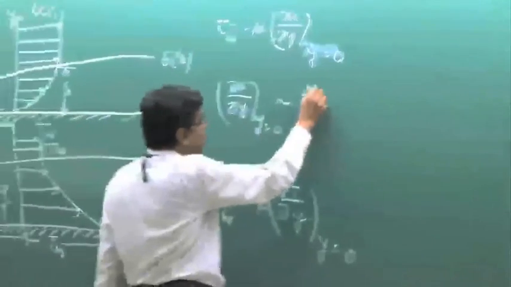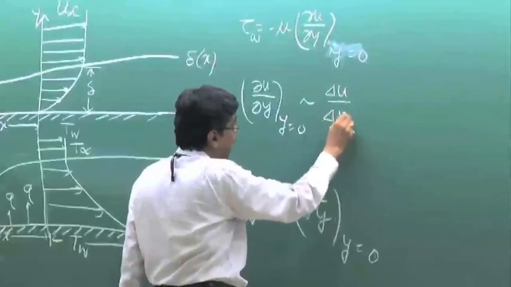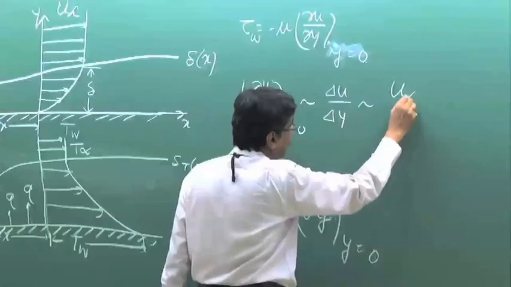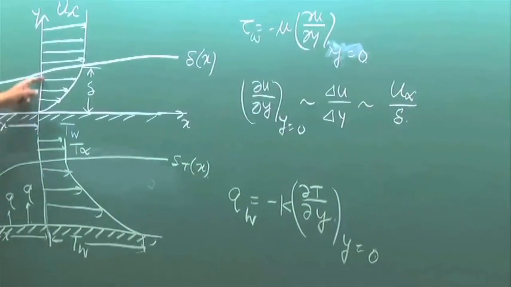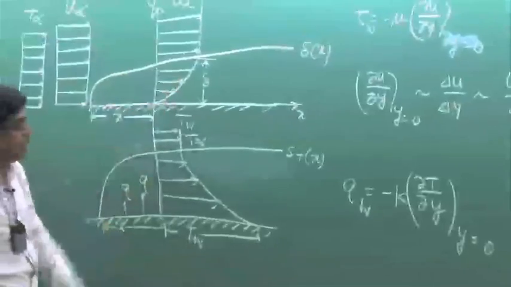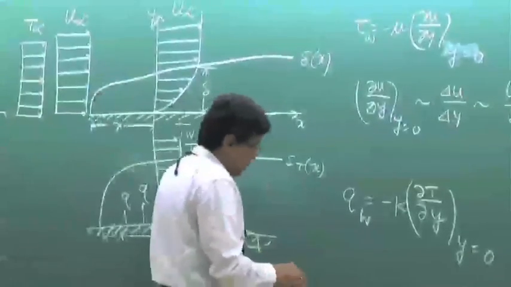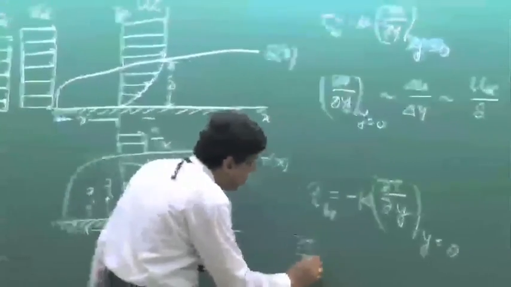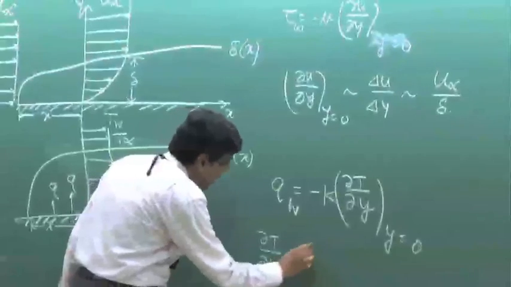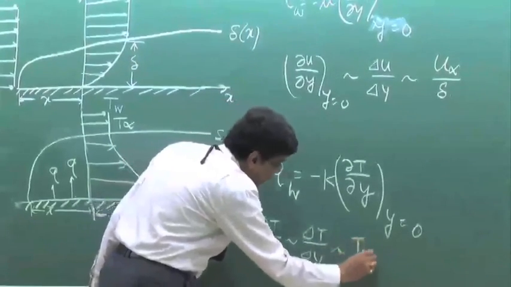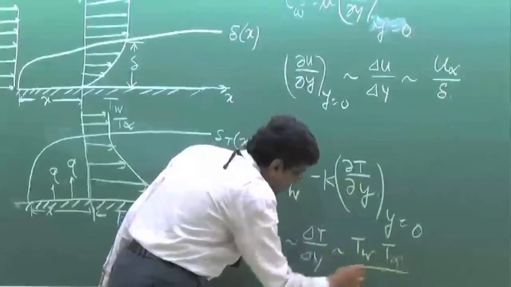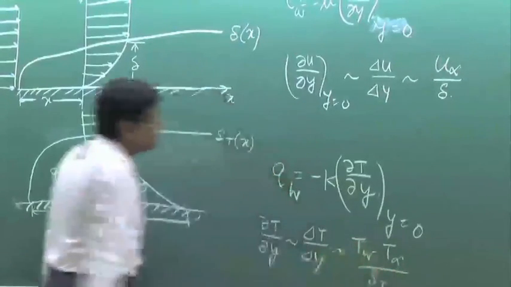Change in u, change in y, and that scales as U infinity by delta. This is the scale of del u del y, U infinity by delta. In a similar way here, del T del y scales as delta T by delta y, which is equal to T_w minus T infinity divided by delta T.